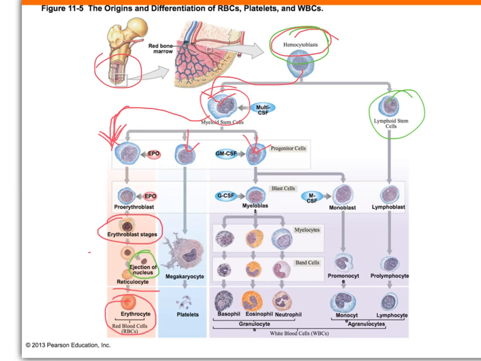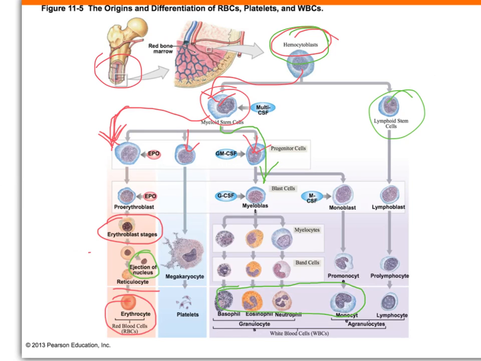And then some of them are destined to become granulocytes and also monocytes. So the hemocytoblasts can become myeloid stem cells, and these myeloid stem cells can become the white blood cells, the granulocytes, and the monocytes.